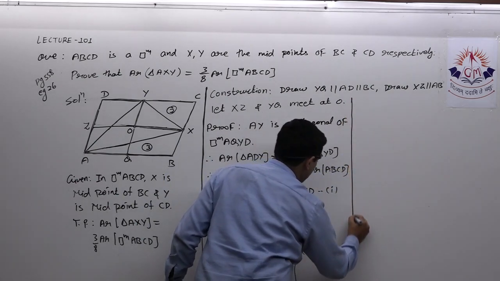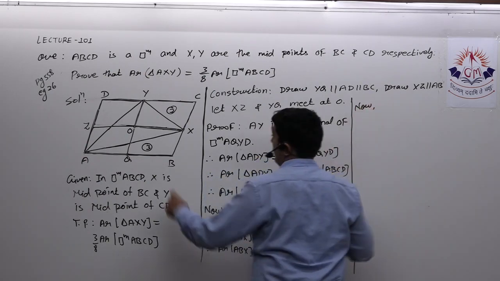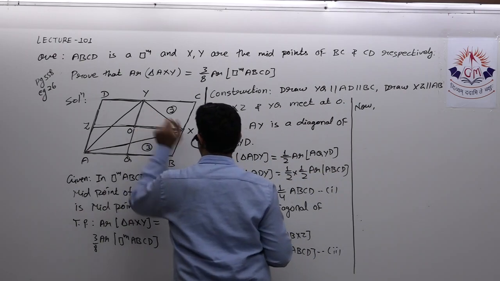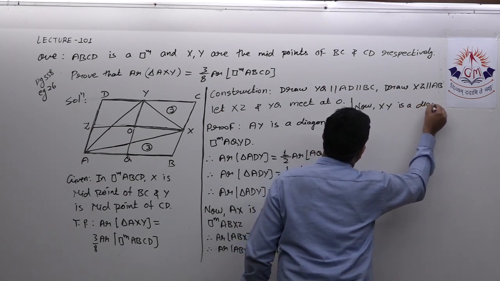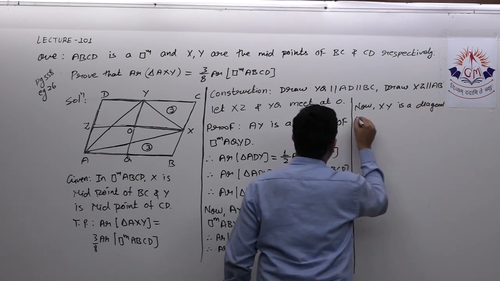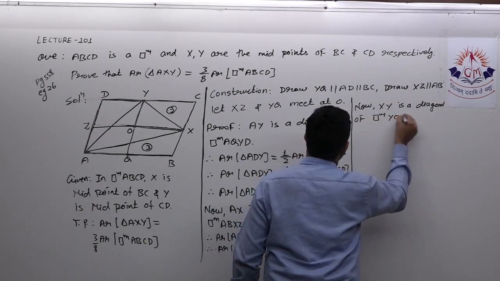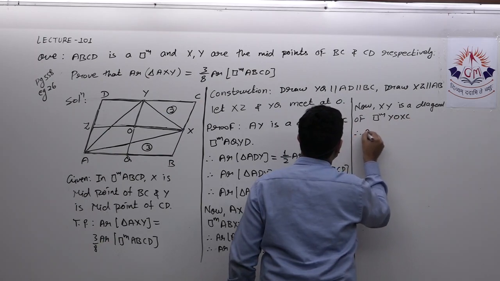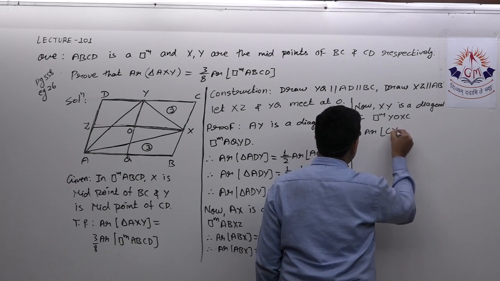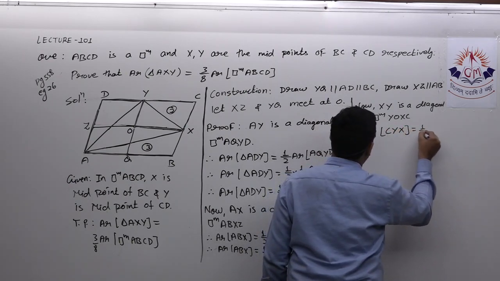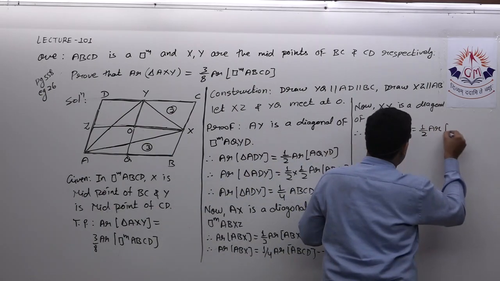Now XY is a diagonal of parallelogram YOXC. Therefore area CYX is equal to half area YOXC.